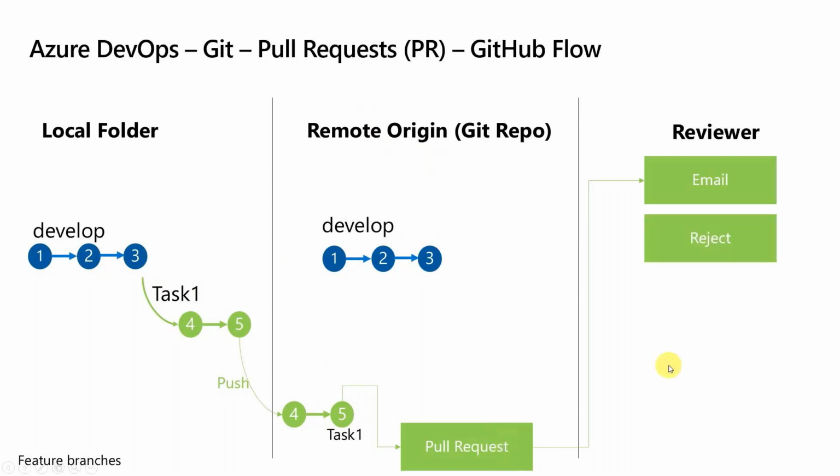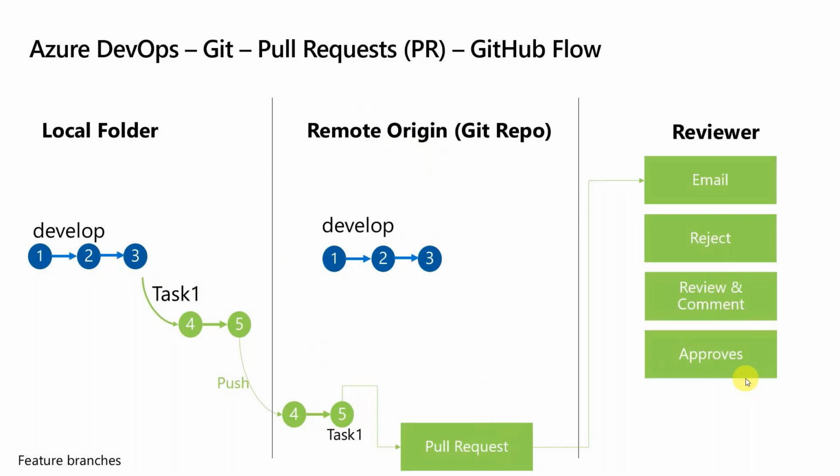So now the reviewer can reject your code. They did not like something, or the feature itself is removed, so they can reject, or they can review and provide comments. And you will have to rework, and after you did the rework, the approver can review one final time and they can approve.